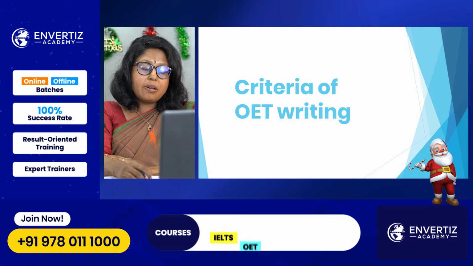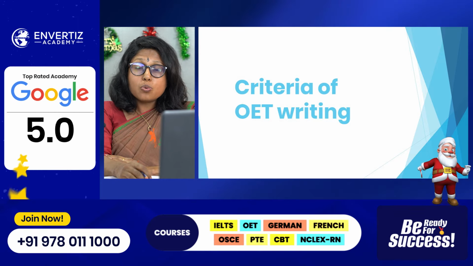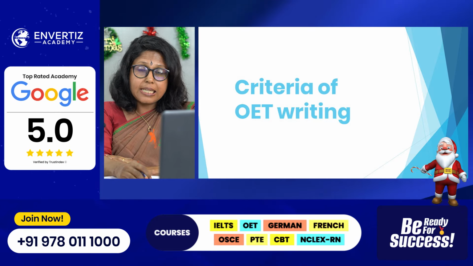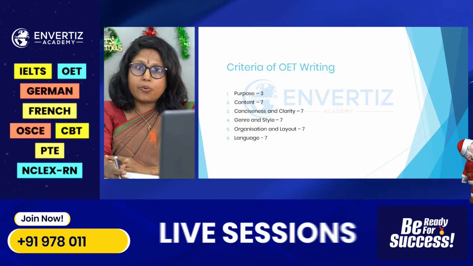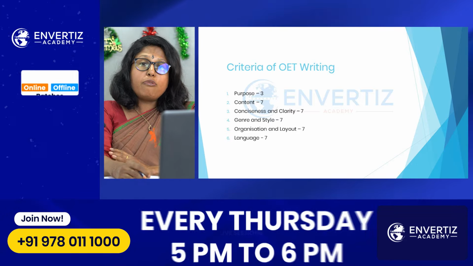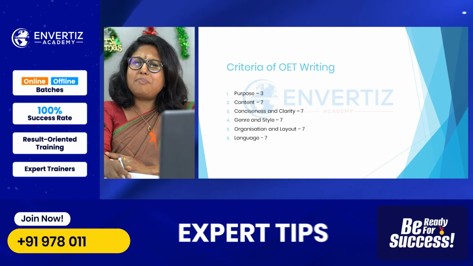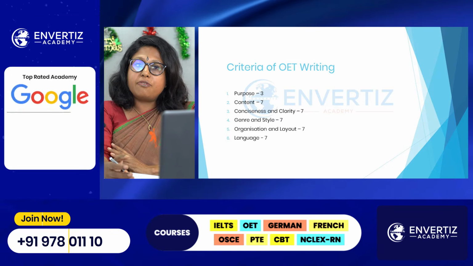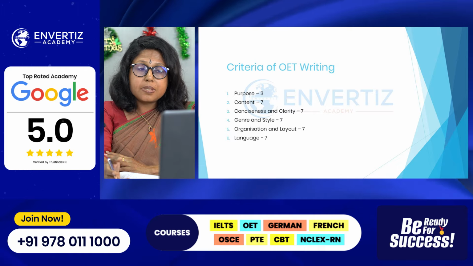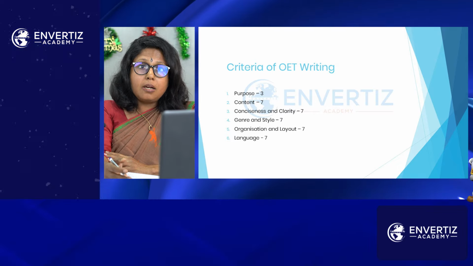Okay, so today we'll be discussing the next two criteria of OET writing, namely conciseness and clarity, and genre and style. Before we go to those two criteria, let me remind you of the other two that we had done on the first day, which were purpose and content.